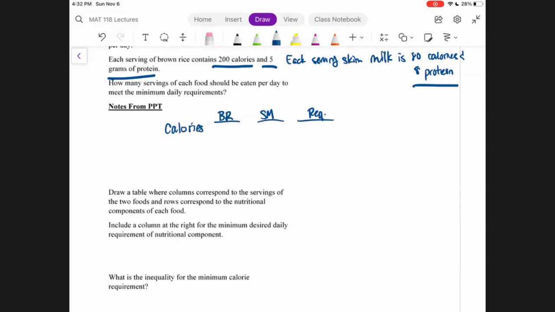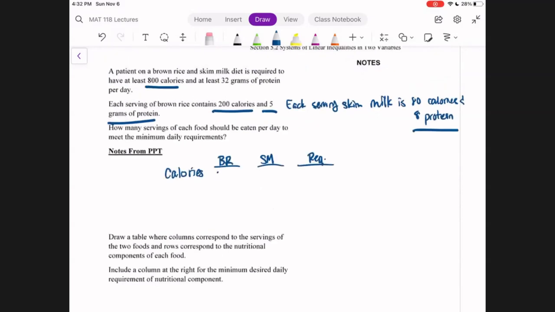So remember, for calories, brown rice is 200, skim milk is 80, and you need 800. And then for protein, brown rice is 5, skim milk is 8, and you need 32. So you can think of it like this.